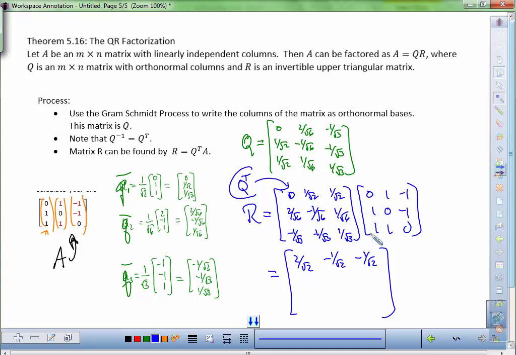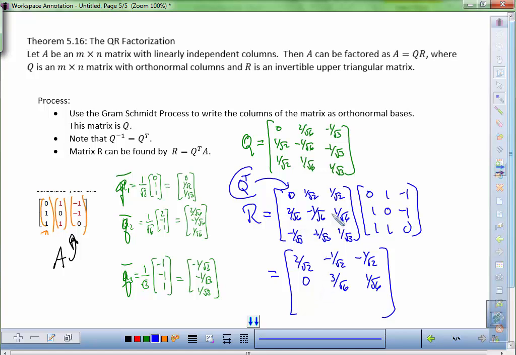The first one, 0. The second row, second column: what is it? 3 over root 6. And then the final one: what is it? 1 over root 6. 1 over root 6. Okay.